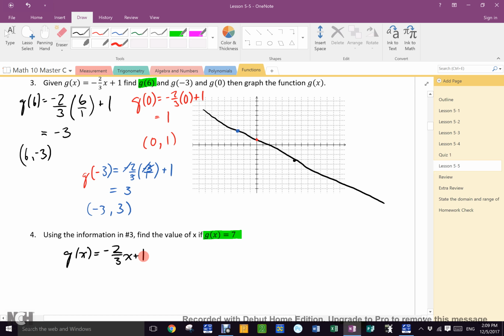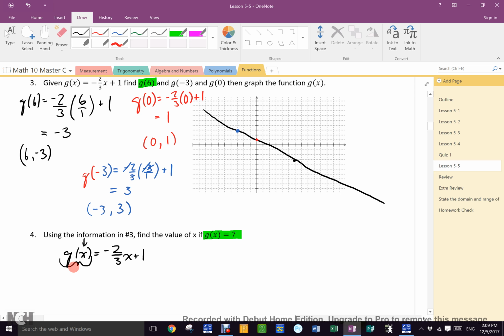Normally, I'm given an input, aren't I? But what am I given here? An output. The g of x is 7. So where do I write 7? Does it go in that spot, or does it go in the whole spot? It goes in the whole spot.